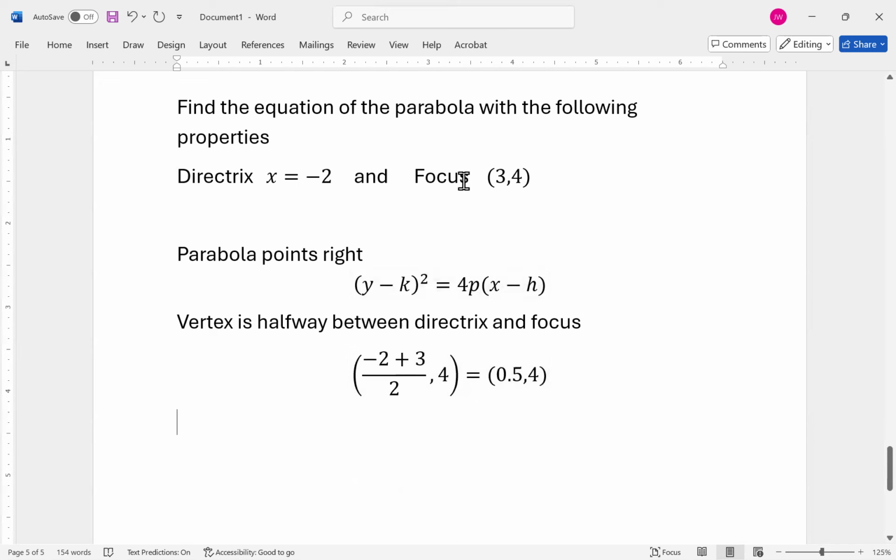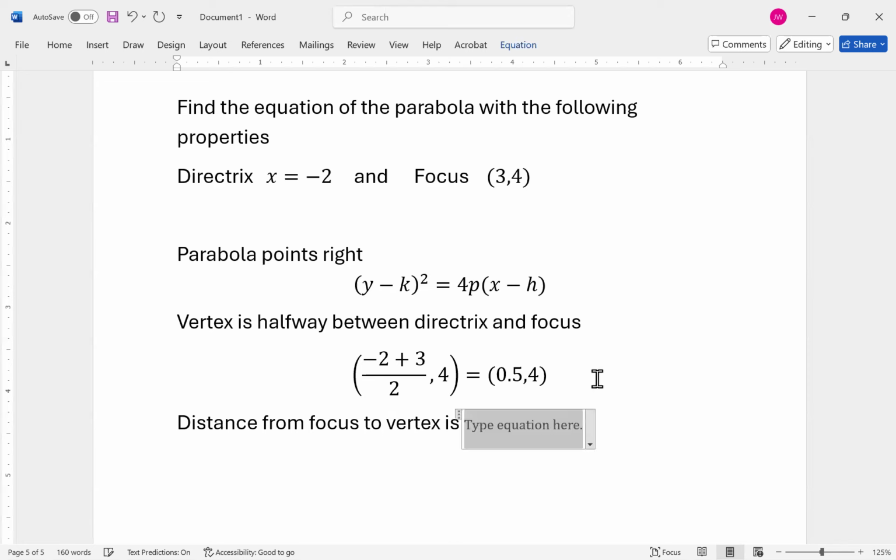The distance from the focus to the vertex is p. And that's obviously 2.5. So if I start at the vertex of 0.5 and go to the focus of 3, I get 2.5. It's going to be a positive 2.5 as well because I know my parabola points right.